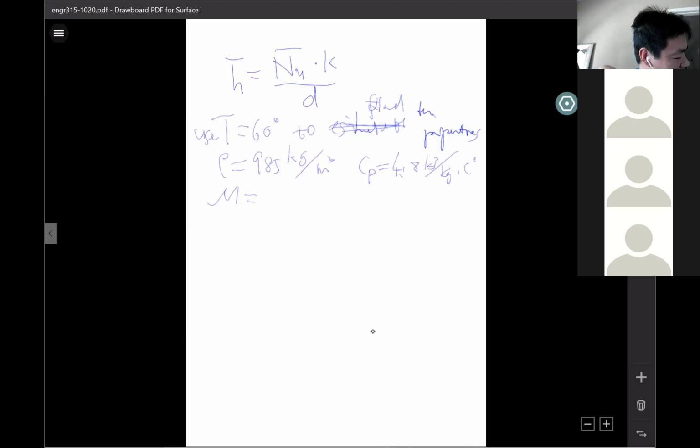Do I need to know two viscosities? I think I need to know two viscosities, right? 4.71 times 10 to the -4 kilogram per meter second. This is the viscosity at the fluid temperature, 60. And the viscosity at the wall temperature will be 3.55 times 10 to the -4. Why do you need the viscosity at the wall temperature?